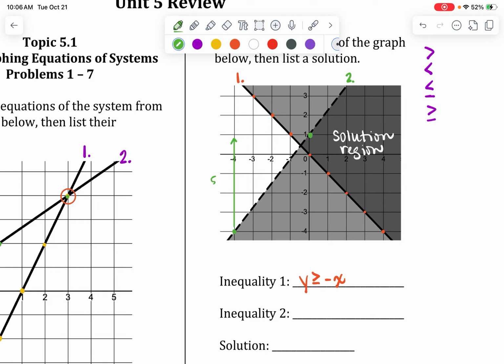Yes, I'm going up 5 and over 4. Okay, so it looks like our slope is 5/4. So 5/4 x. And then my y-intercept for that line is +1.